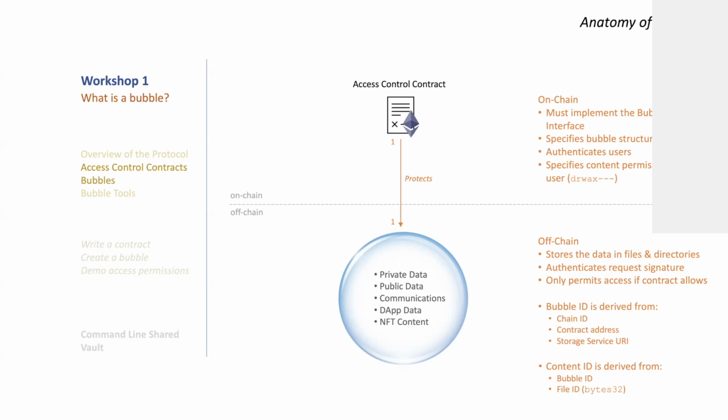If it's a decentralized file system, it'll have some different form of URI. And so from that bubble ID, you can identify any bubble uniquely in the world. Now, each file and directory within the bubble has its own file ID, which is a 32-byte number. And so by adding the bubble ID and the file ID together, you can globally identify any file or directory in the world.